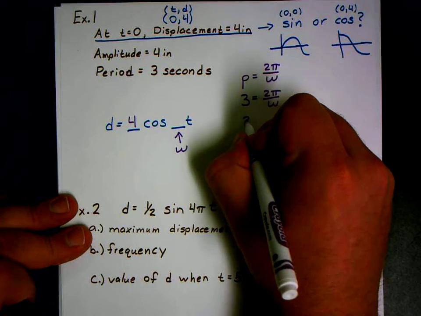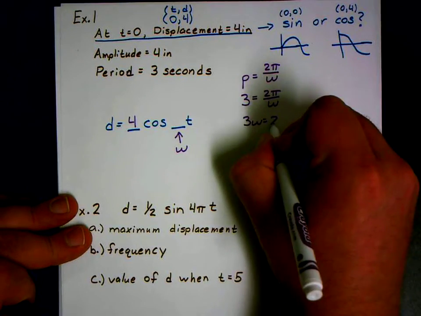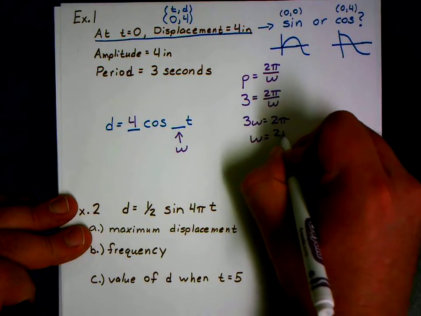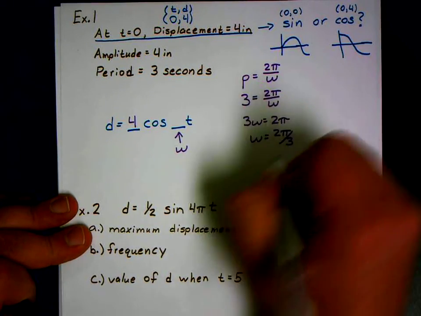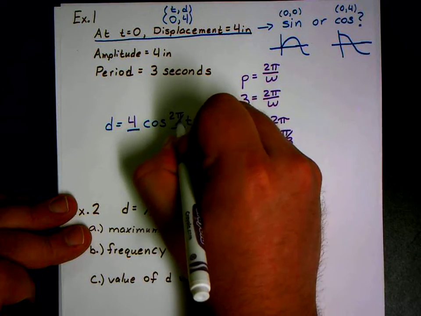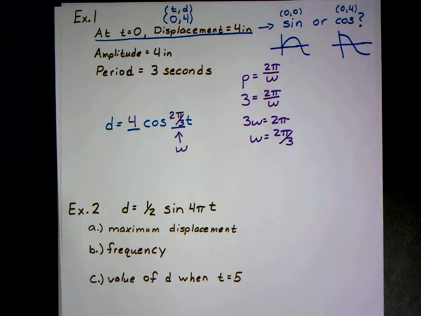So that would be 3 omega equals 2 pi, so omega equals 2 pi over 3. That would be your answer. That's it.